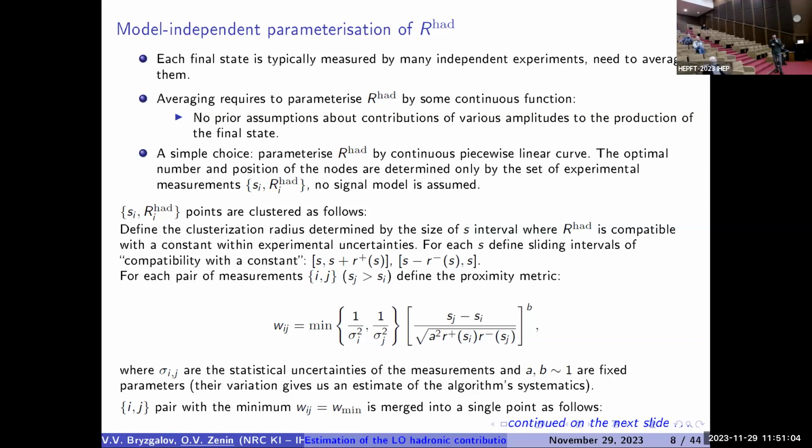Given only a bare set of total hadronic cross-sections measured with E plus E minus beams, or more precisely, if we restrict ourselves to using only E plus E minus data, all the information is already contained in the measured cross-section.